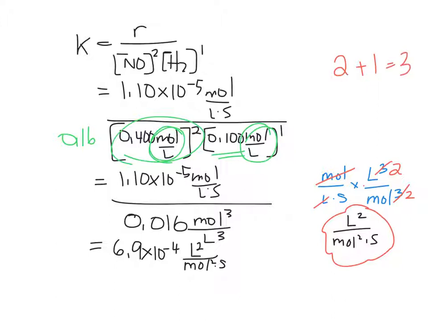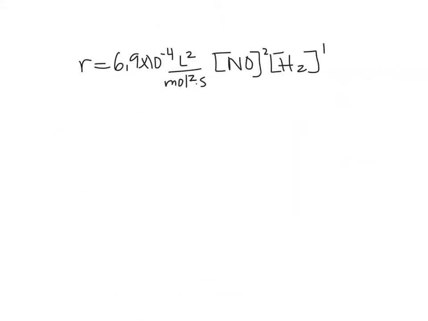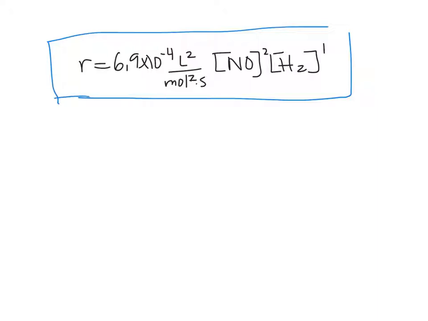So the overall order for this reaction is 3, so that will be our units for any third order reaction. So there's your overall rate law expression for this reaction. So you can determine now the rate of reaction given any value for reactant concentration.